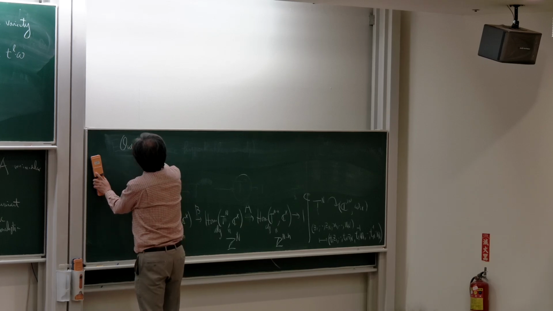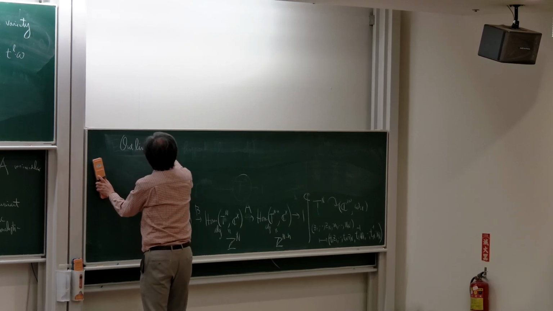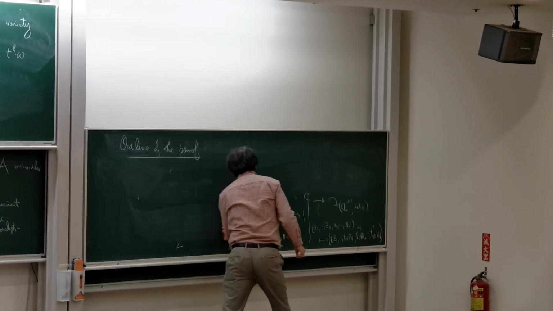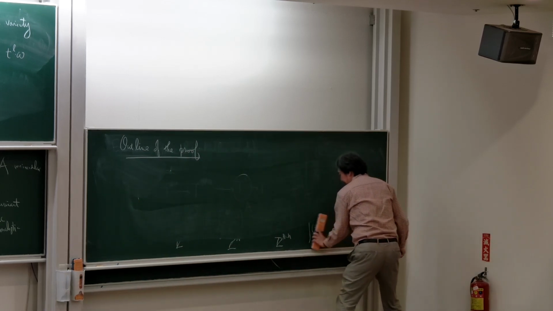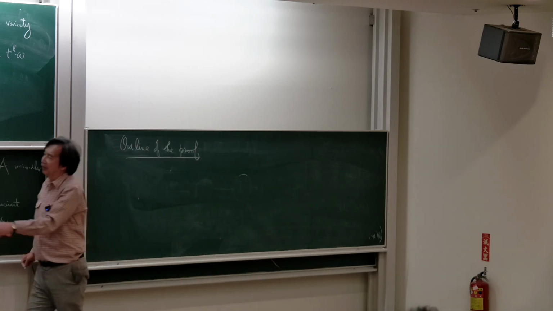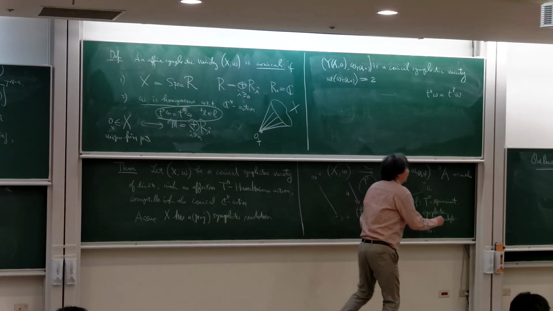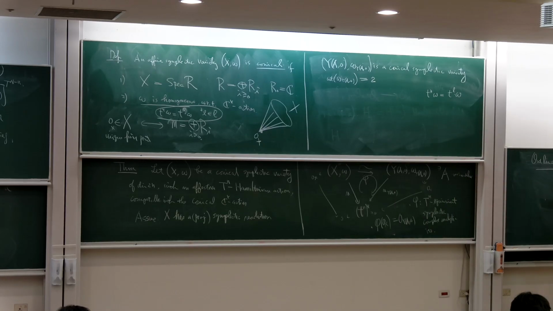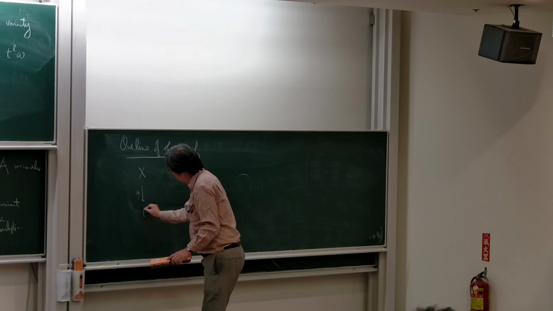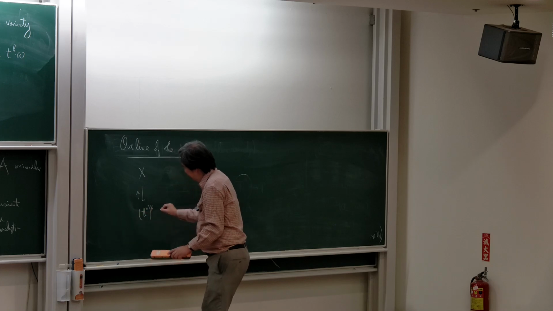Outline of the proof. So, how to use the conical condition? If you have a conical system action, then you get, of course, the moment map.